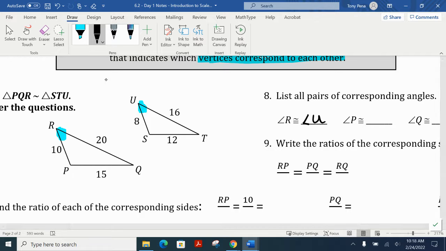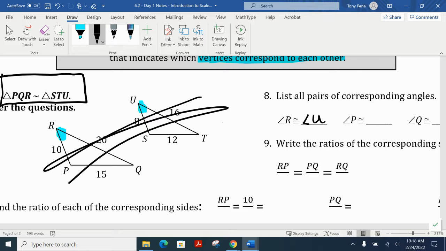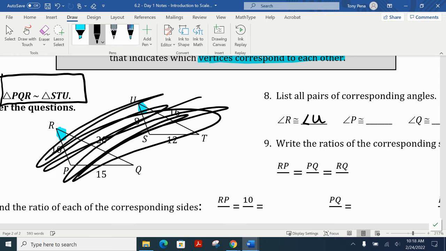Also now, look at the similarity statement right here, because eventually you won't even be given this picture. So if I kind of covered that up, we didn't have that or I deleted it. Here's how we would know this from the similarity statement. Notice how angle P is listed first here. Its corresponding angle must be listed first over here.